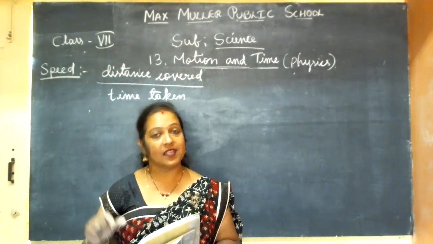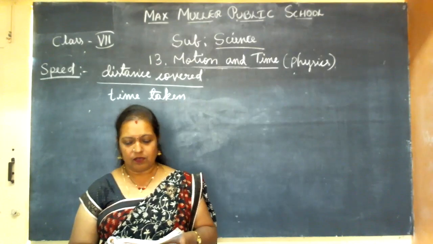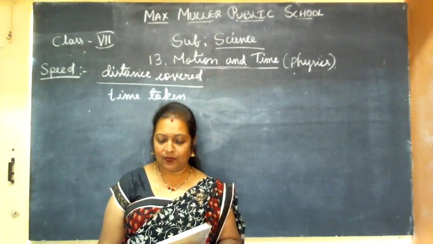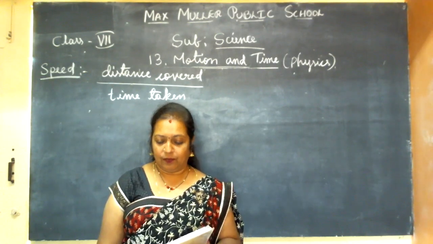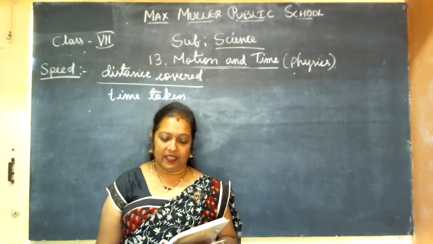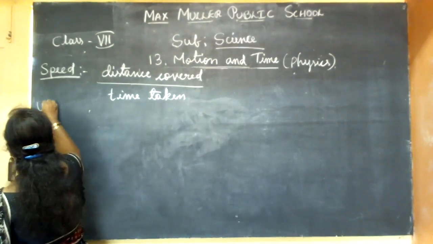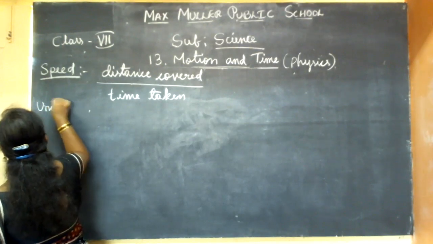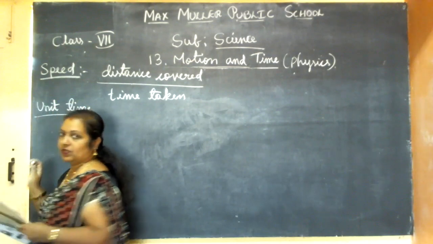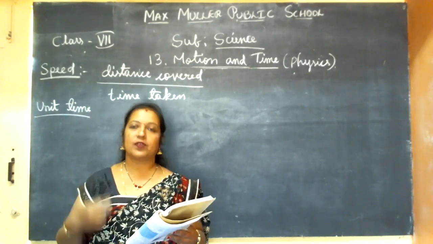Understand? The most convenient way to find out which of two objects is moving faster or slower is by the unit time. So we have to calculate the time, and then you will come to know who is moving faster and who is moving slower.